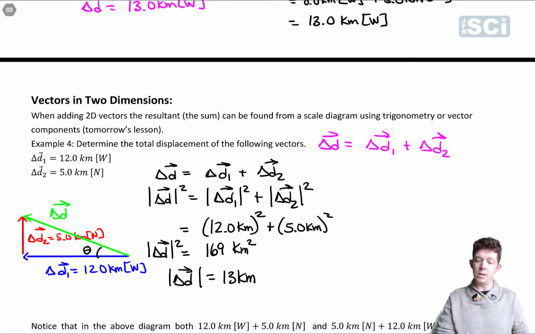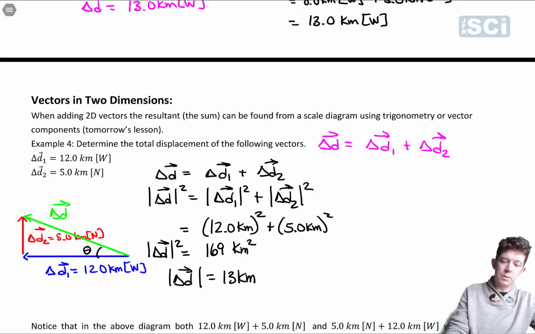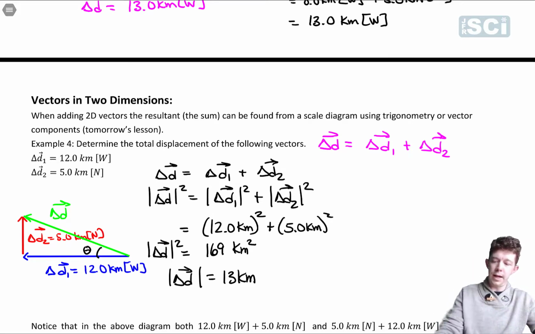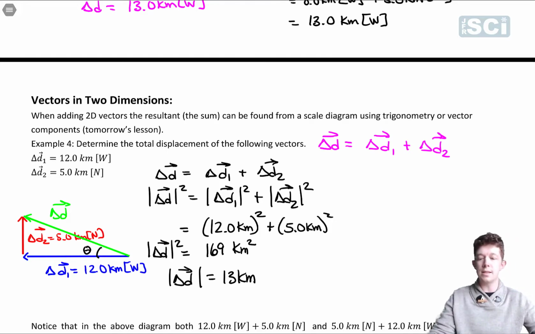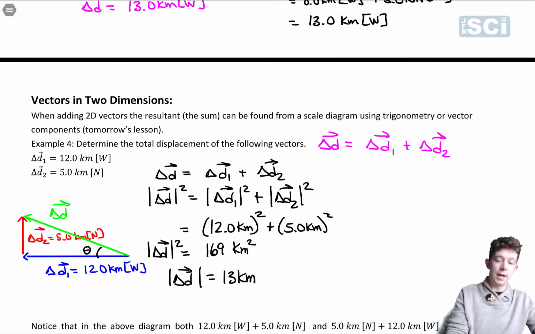The next thing I need to do is I need to add in the direction of it. I need to figure out what direction the green arrow is pointing in. Okay, so we're going to use trigonometry to find that out. I know the opposite side, which is the red vector. I know the adjacent side, which is the blue vector, which means that I can use the trig ratio of tangent to find my angle.